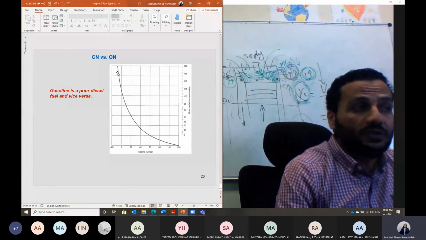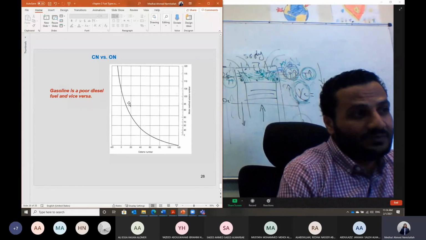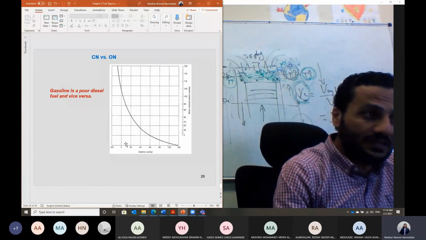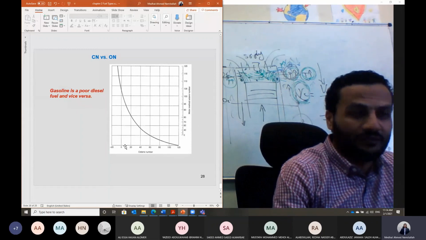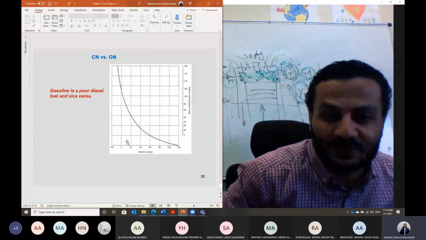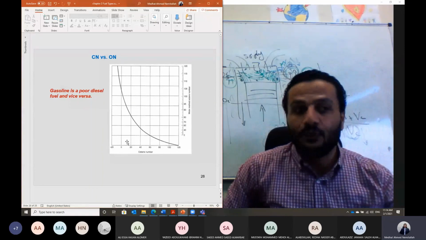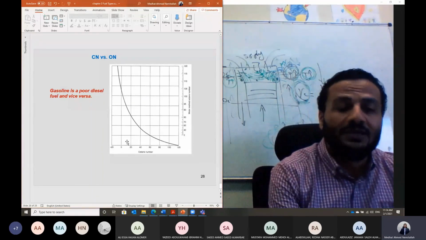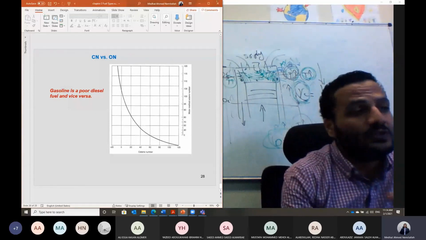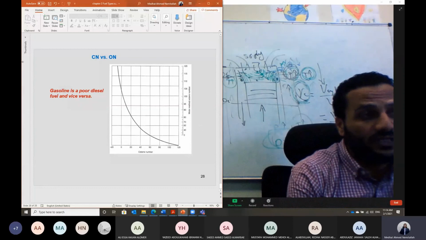So if I use an octane number of, let's say, 95, like in the case of a gasoline engine, and I use it in the diesel engine, it will have about a cetane number of 5, which means the fuel is resisting self-ignition. So when I inject it in the diesel engine, it will not result in fast self-ignition.